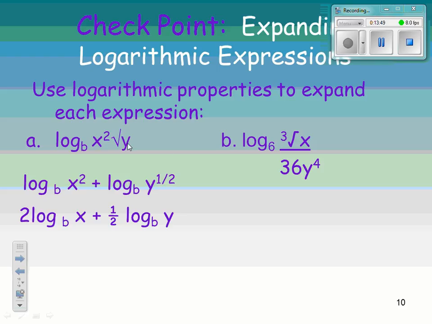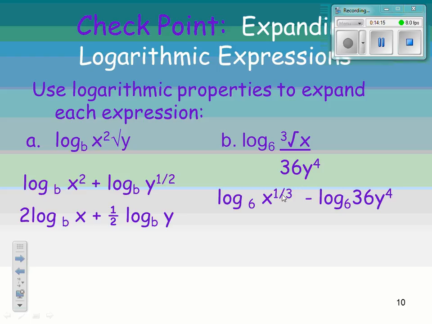We wrote this as y to the 1/2 because this is a square root. But this is a cubed root, so this is going to be x to the 1/3 when we rewrite that one. So I've got log base 6 of x to the 1/3 minus, because this is a division problem, log base 6 of 36 y to the 4th.